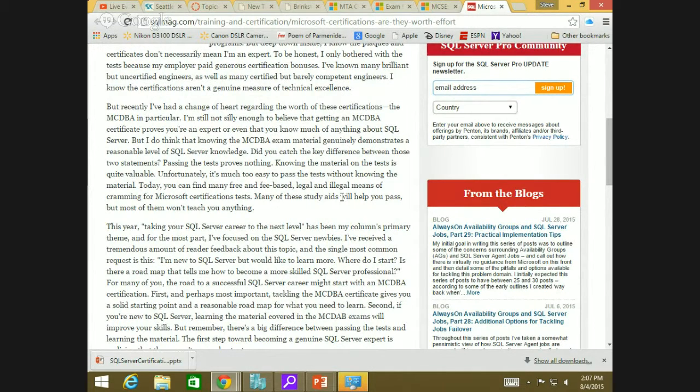Because as Microsoft often says when you talk to them, they have to eat their own poison. Like they were running Windows 10 when it was alpha in the office. They run the most current software. They basically have to, if they want the certs to be valuable, they have to treat them as if they're valuable. So at Microsoft, the certs are very valuable.